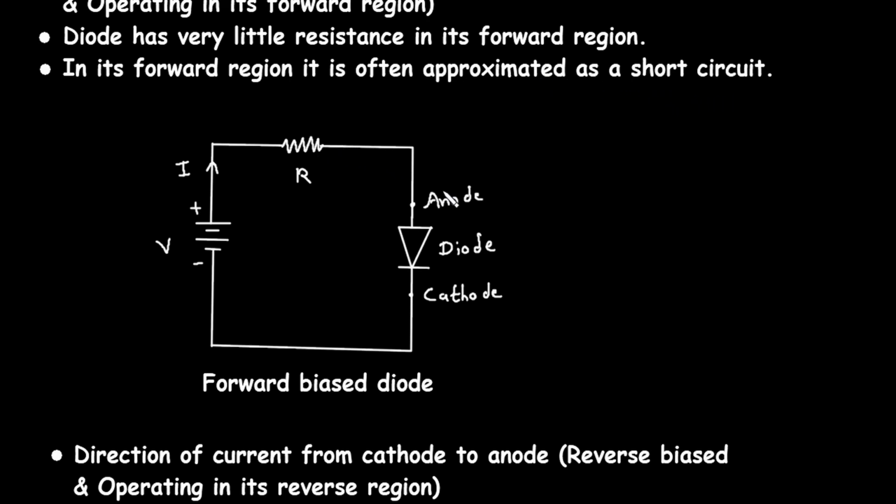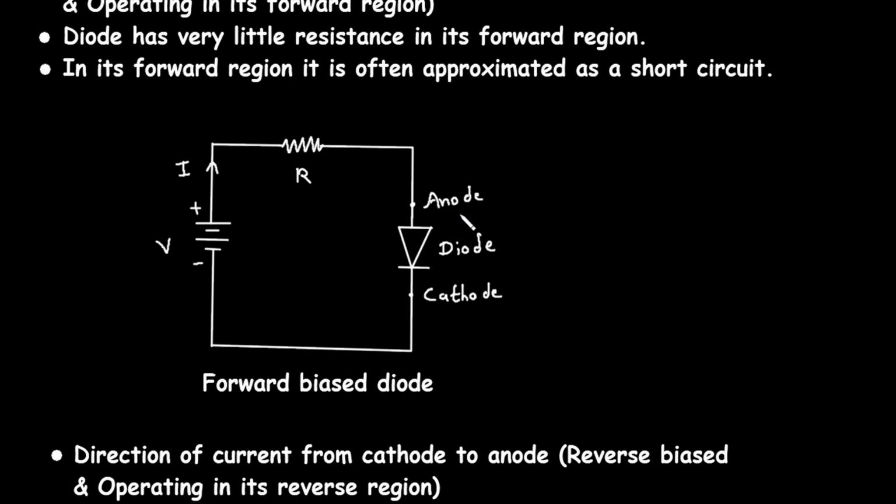So when we connect diode in forward bias, we consider it as a short circuit because there is very little resistance. Now here we can see in this circuit, this diode is connected in forward bias because the anode of this diode is connected to positive terminal of battery and cathode is connected to negative terminal of battery.